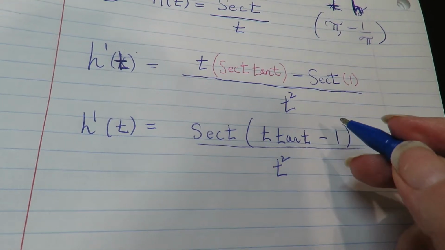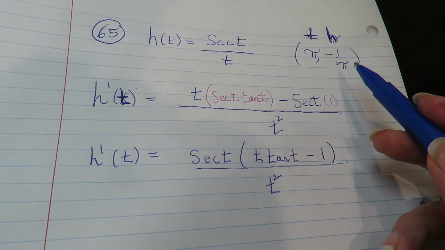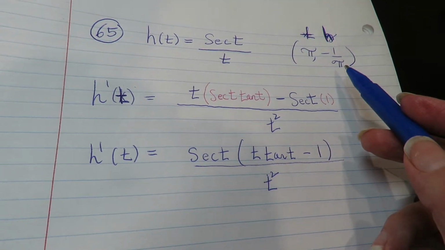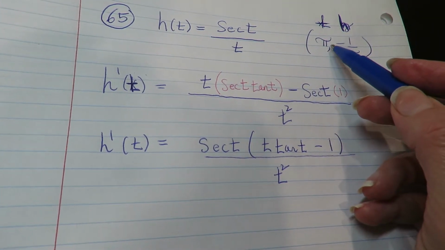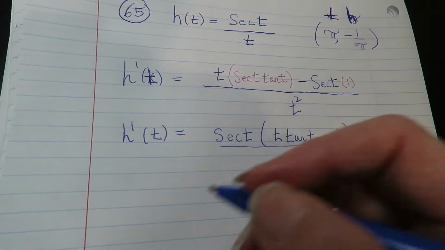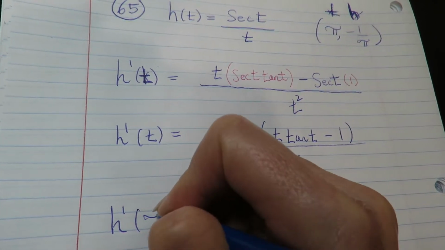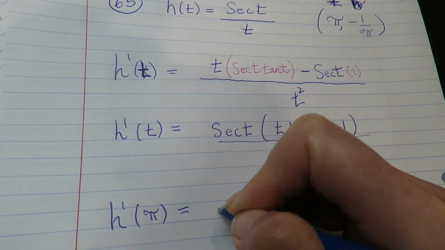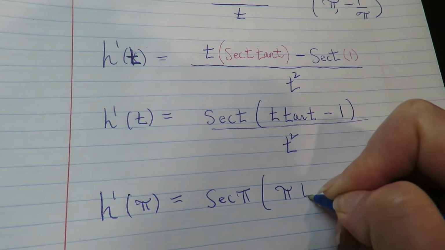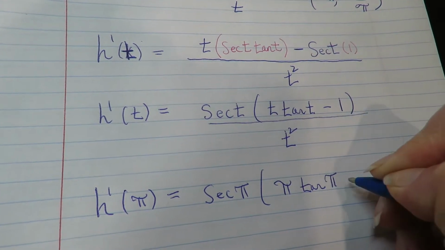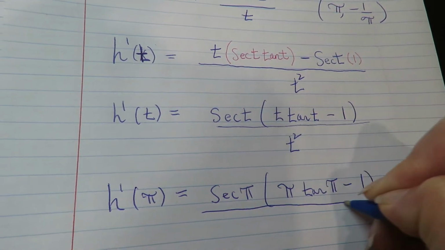All right, so for me, I like this format. I'm now going to go ahead and evaluate this derivative at this t value of pi. So I'm plugging in pi for all the t values.